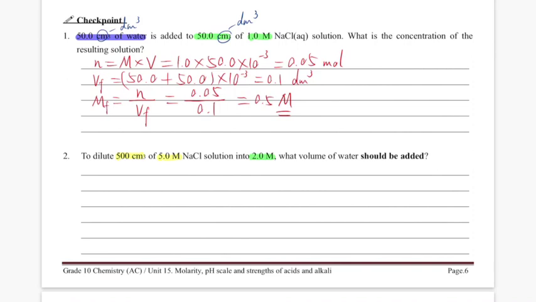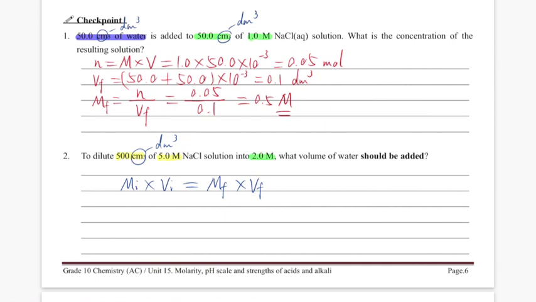And before we start calculation, remember always do your unit conversion first. So you should be able to write: molarity initial multiplied by the volume of the initial solution should equal the molarity of the final solution times the volume of the final solution. And then let's substitute the numbers in.